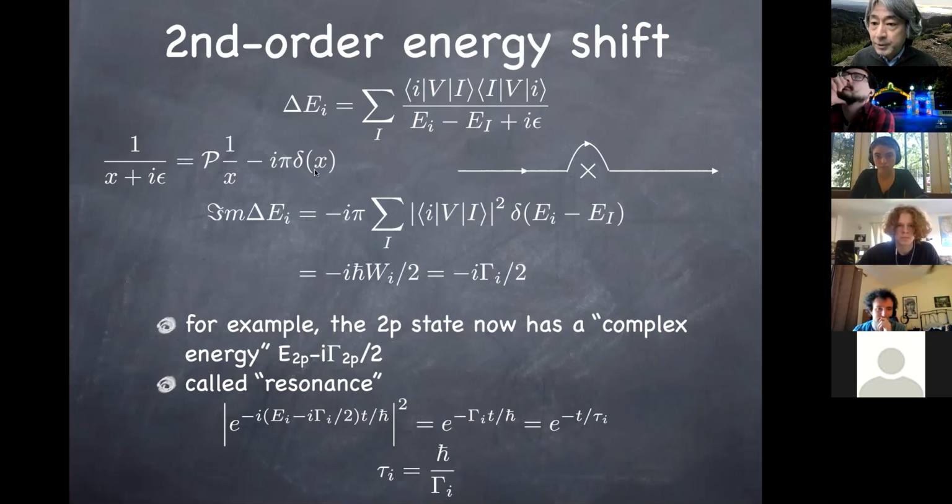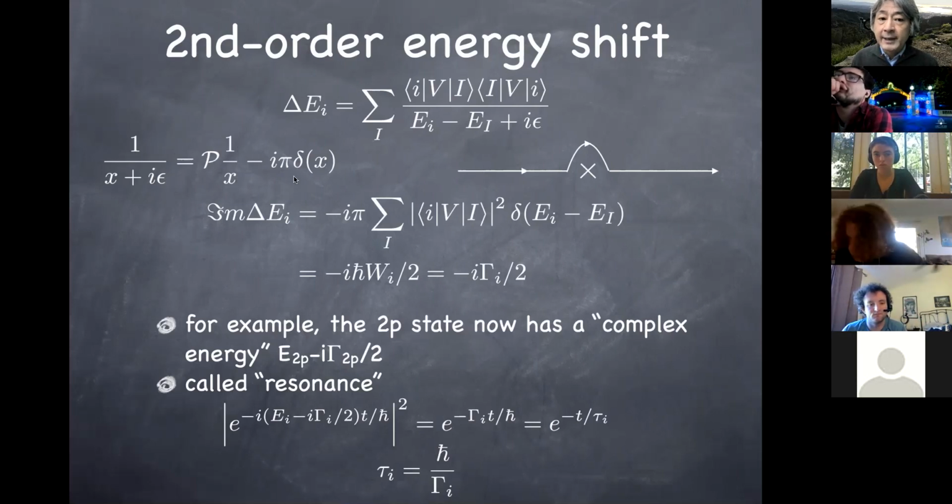And the residue, meaning you substitute x equals 0 into the rest of the integrand, is nothing but a delta function. So this is the general formula for the contour integral when you have a pole, and if you are avoiding the pole with your particular contour, then the integral using this I epsilon prescription is the sum of the principal value integral and the piece coming from a delta function.